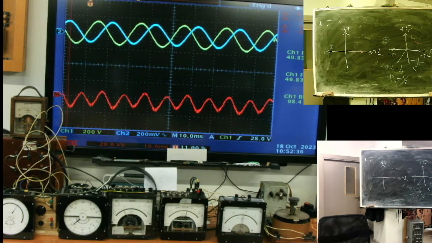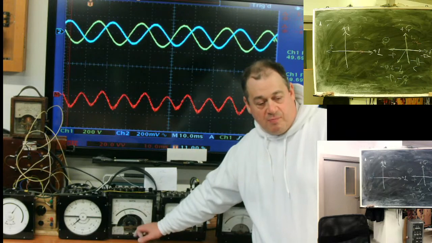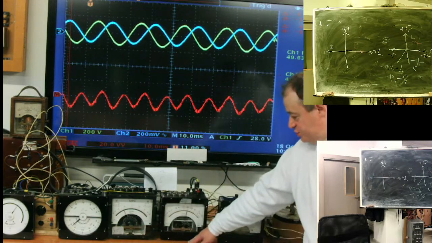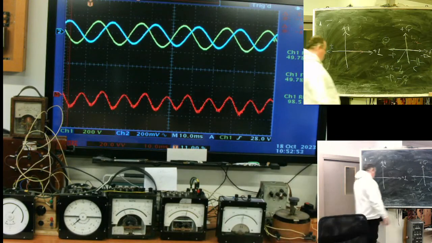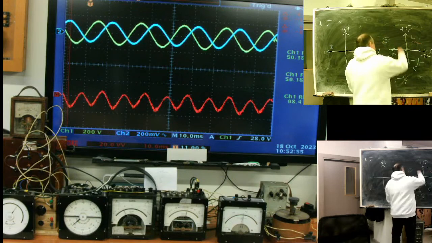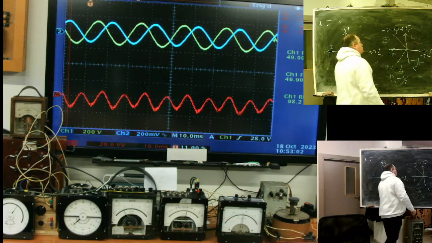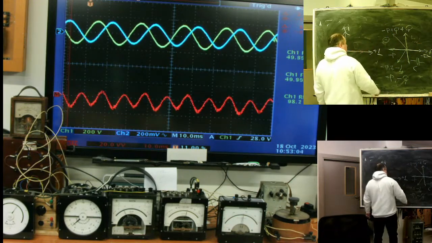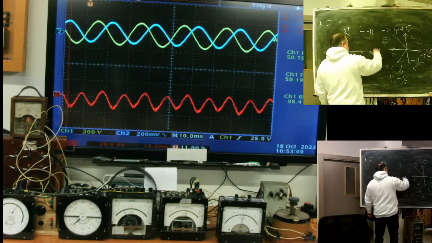Under excited synchronous machine. We have now a regime when active power goes from our power plant, but we consume reactive from the network. It is here. It is minus P plus Q modes, or minus capacitance.